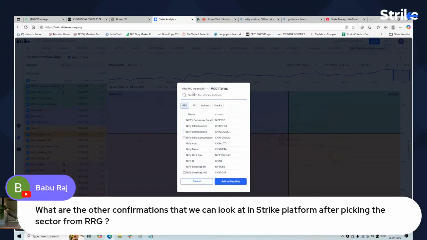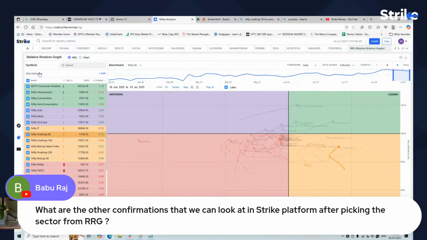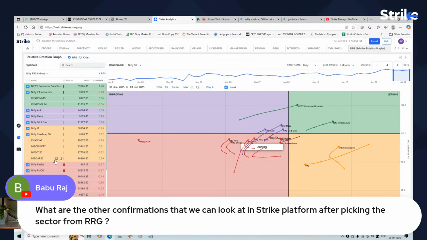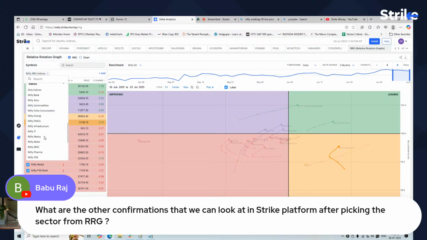Nifty 50, Nifty RRG indices. Okay, you can see that it has got added over here, Nifty 50. Now you can see this. I actually made only sector indices, right? So yes, this is how you can add those indices.